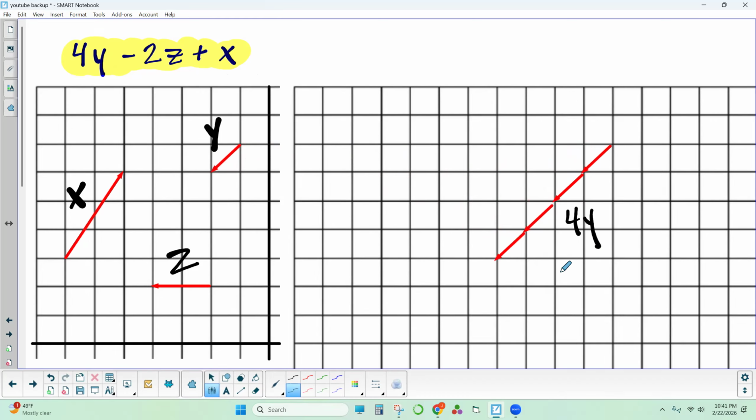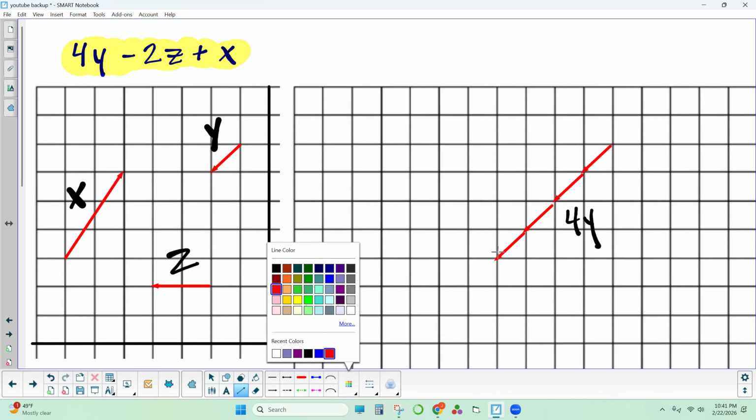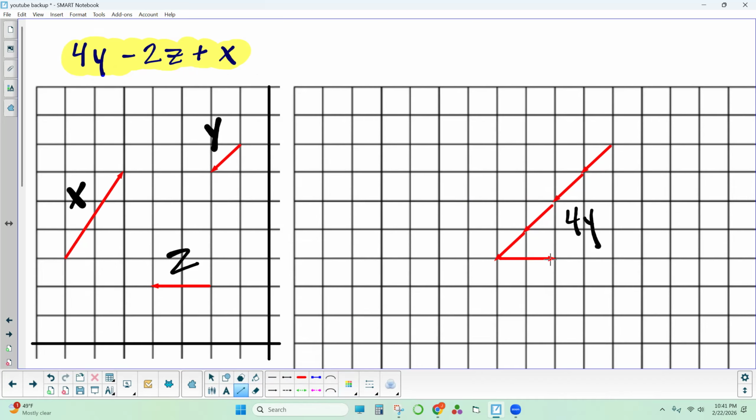Okay, and I'll label that 4y. And now I'm going to subtract 2z. So since I'm subtracting 2z, I'm going to go the opposite way with z. So that will look like this. Notice it's left 2 up 0, so I'm going to go right 2 up 0. So there's 1z, and here is 2z.